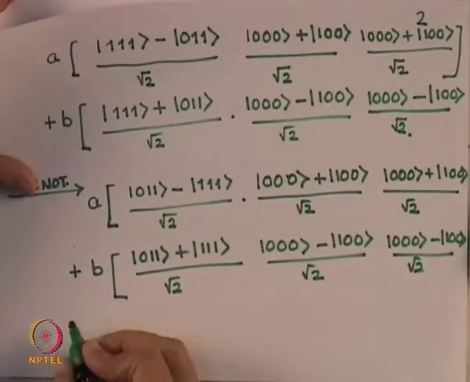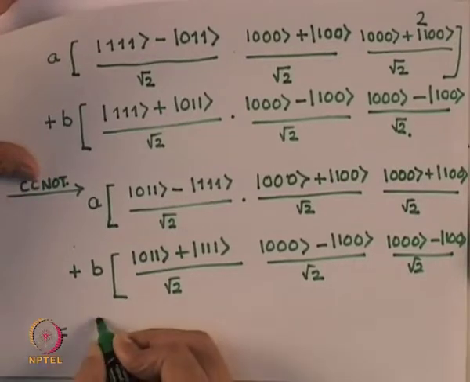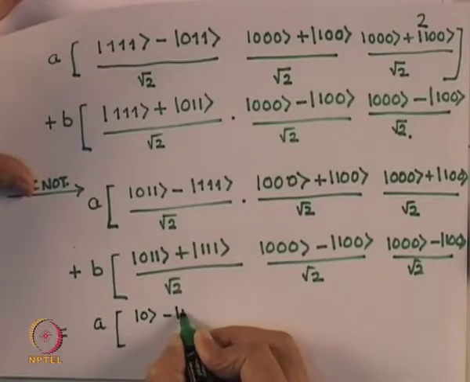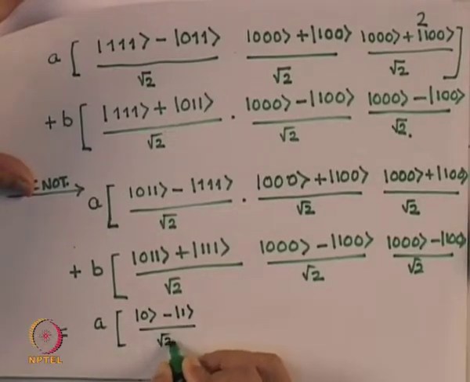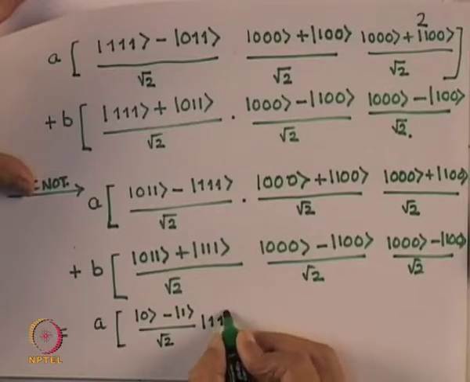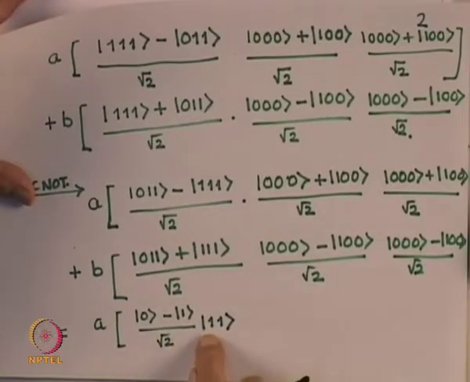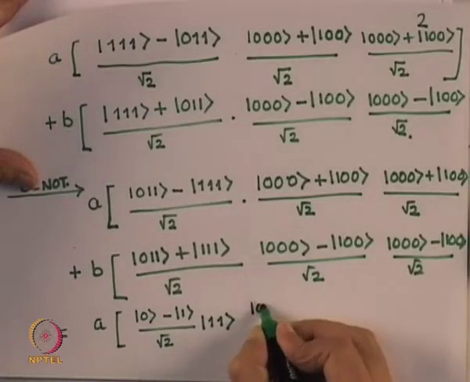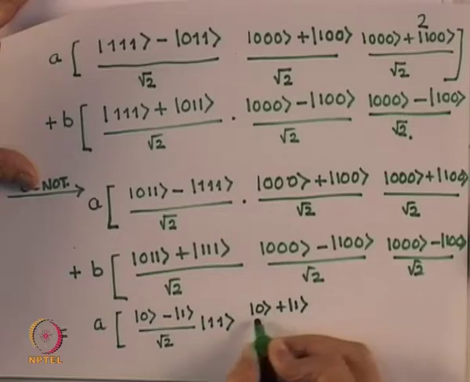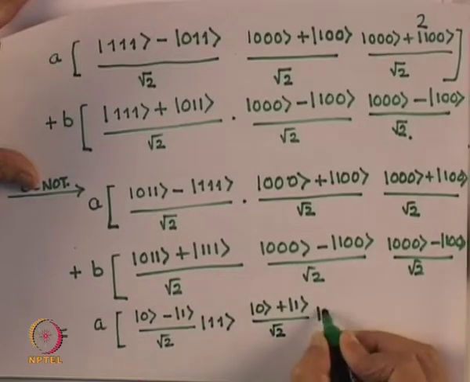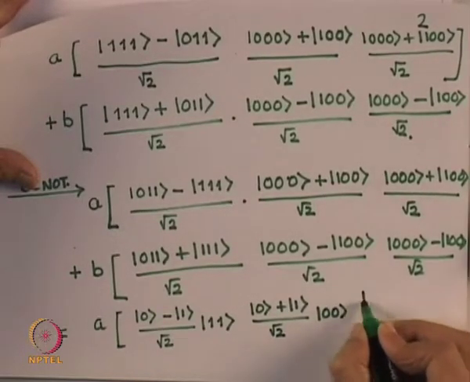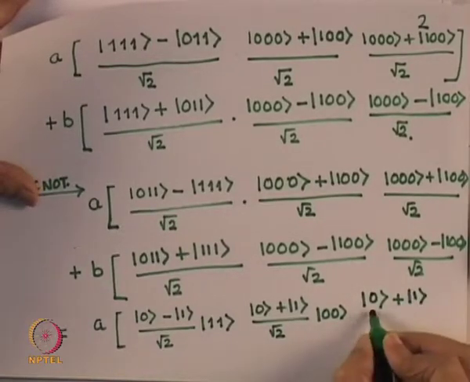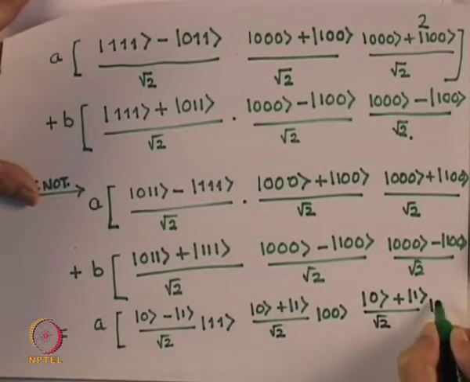This state is equal to A times 0 minus 1 by square root of 2 times 1, 1. This is qubit 1, this is the pair qubit 2 and 3. And 0 plus 1 by square root of 2, 0, 0. 0 plus 1 by square root of 2, 0.